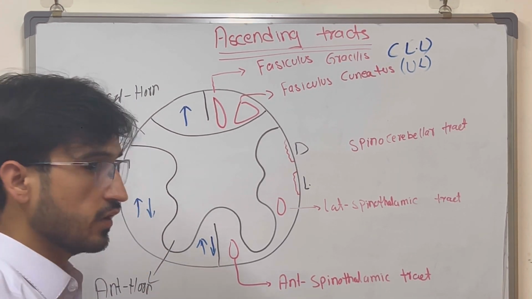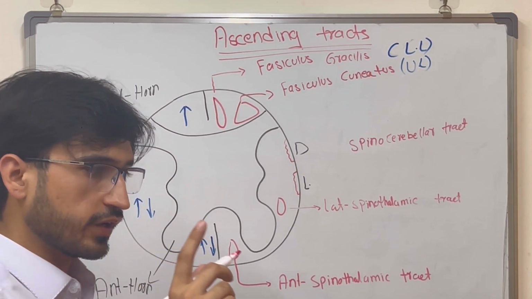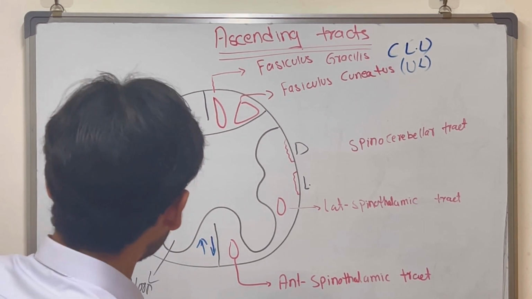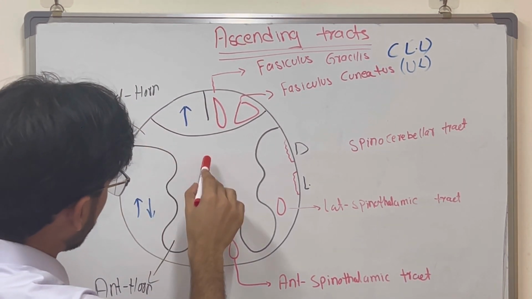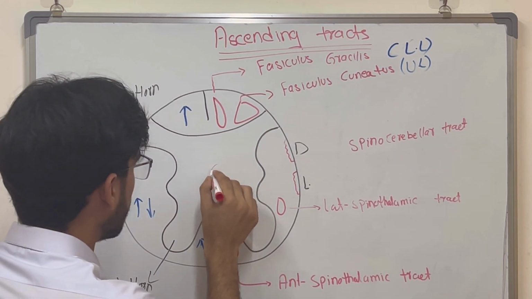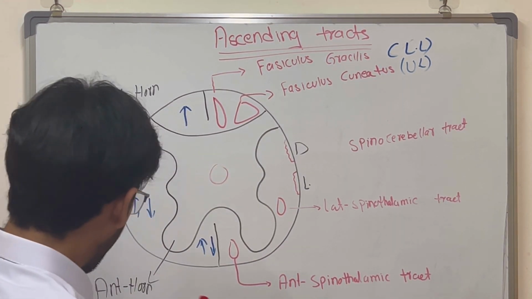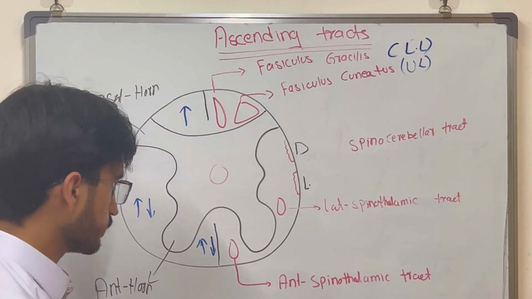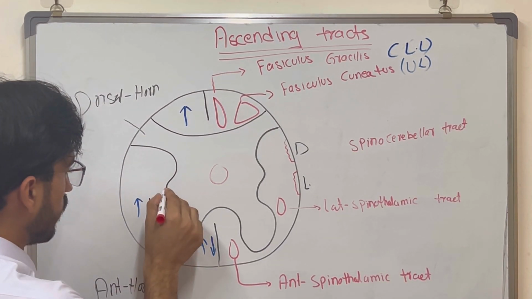In ventral tracts there are also ascending as well as descending tracts. This is the dorsal horn of gray matter, this is the central canal, this is the anterior horn of gray matter, and this one is the lateral horn.